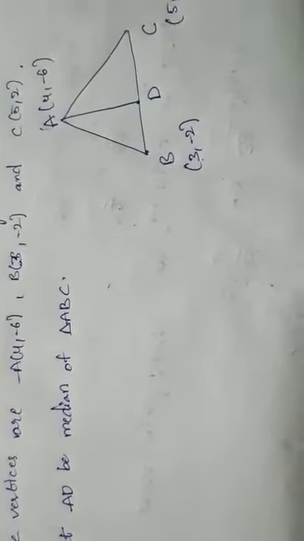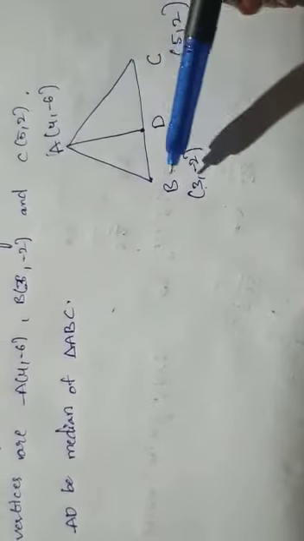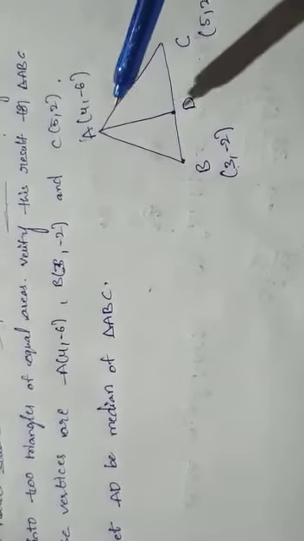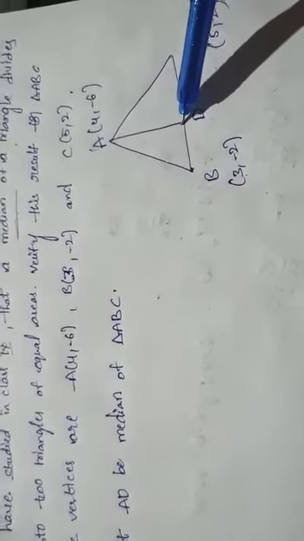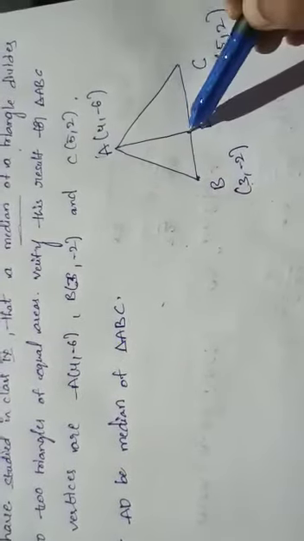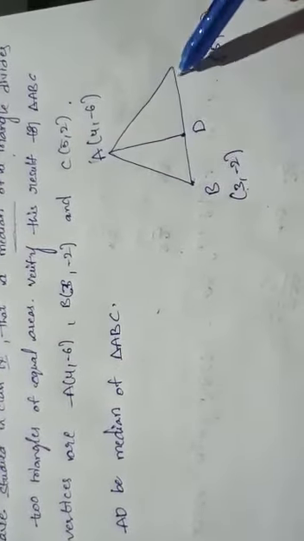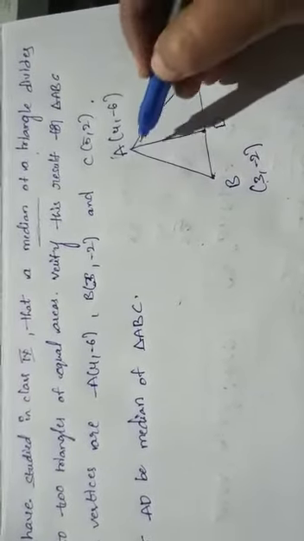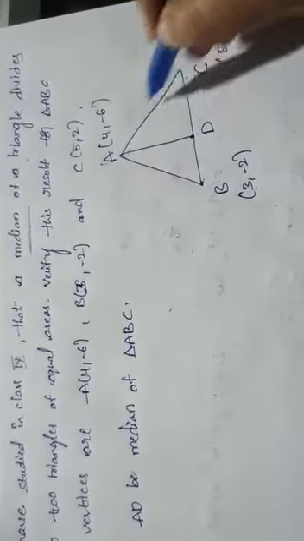Let's draw triangle ABC, and draw the median. D is the midpoint of BC. AD is the median of triangle ABC.